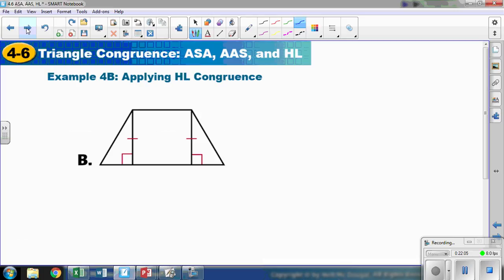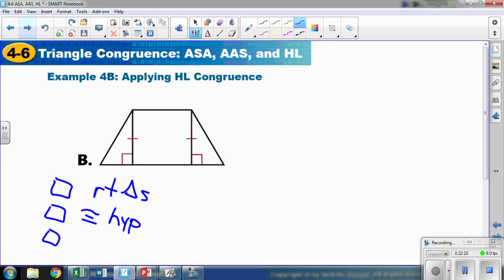What about here? Can you say that these two are congruent? Well, our checklist is right triangles, congruent hypotenuses, congruent legs. You got them? Right triangle, absolutely.